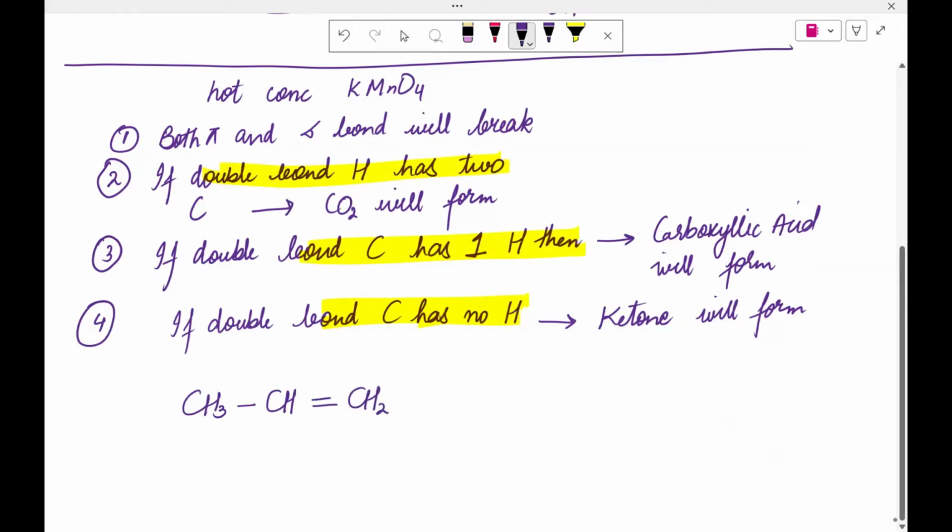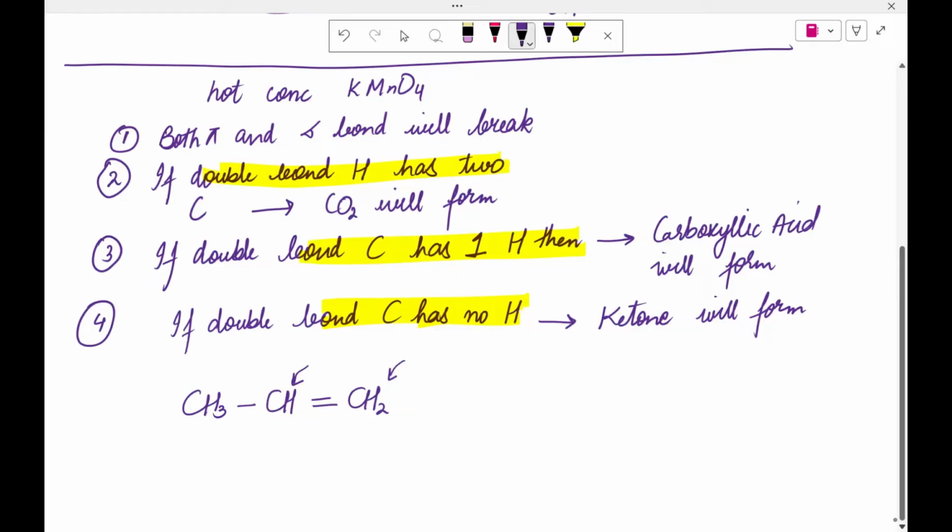Here it has two hydrogen and here it has one hydrogen. We just have to see those atoms which are present at the double bond. This is basically the reactive part.